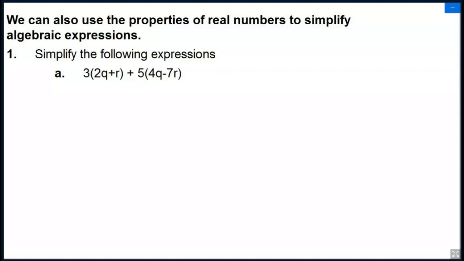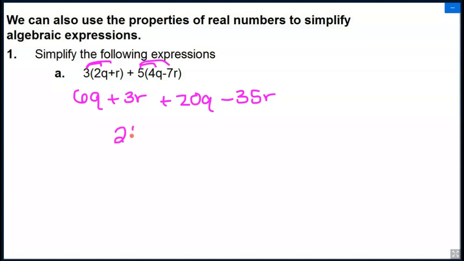So we're going to get rid of our parentheses by distributing the 3 and the 5. So you get 6Q plus 3R plus 20Q minus 35R, giving 26Q minus 32R.